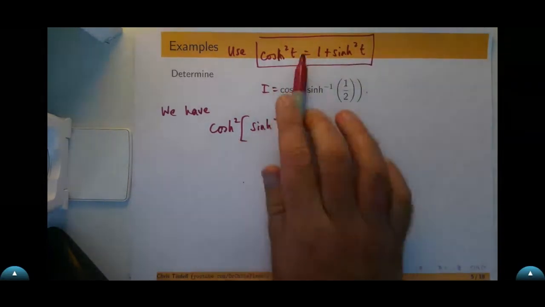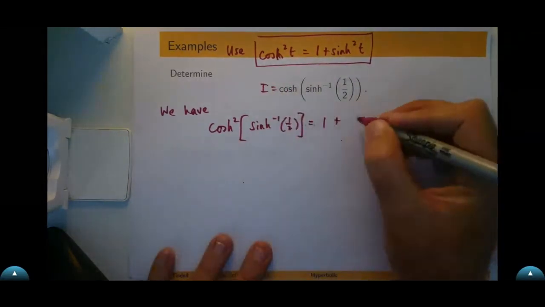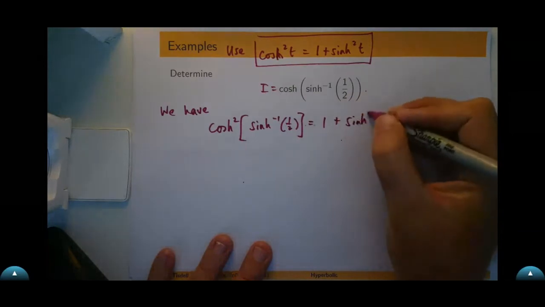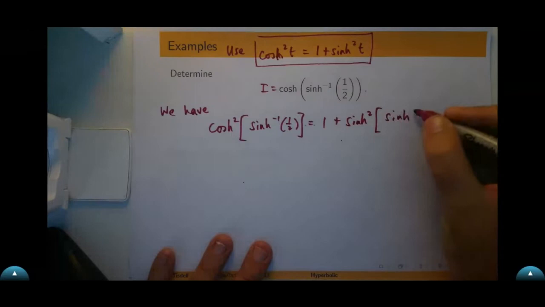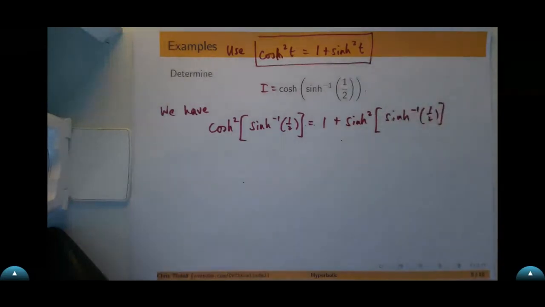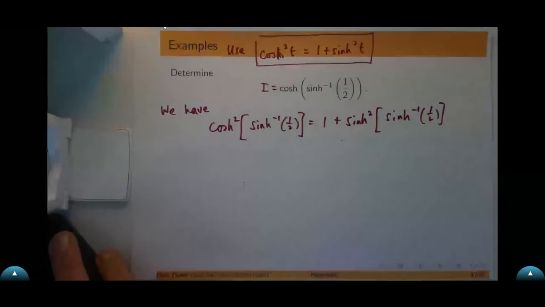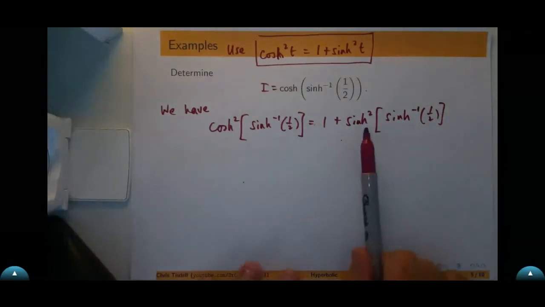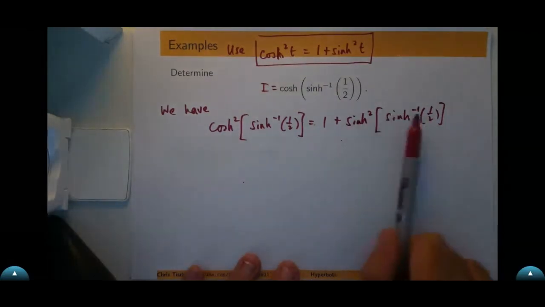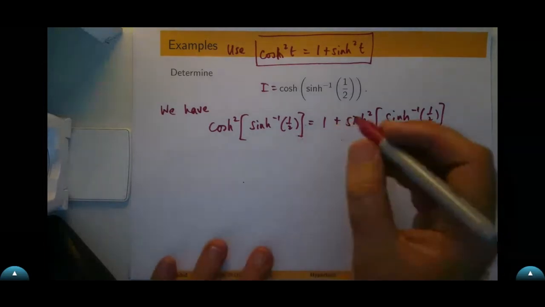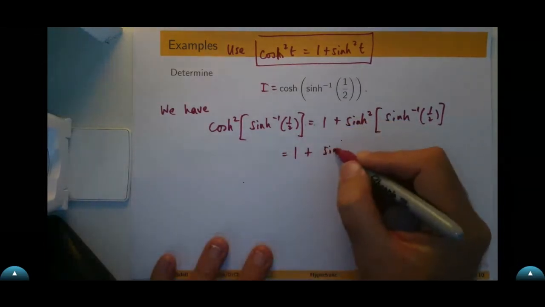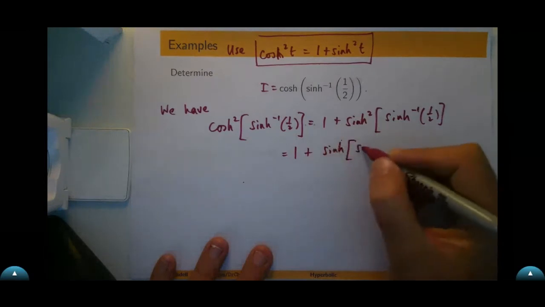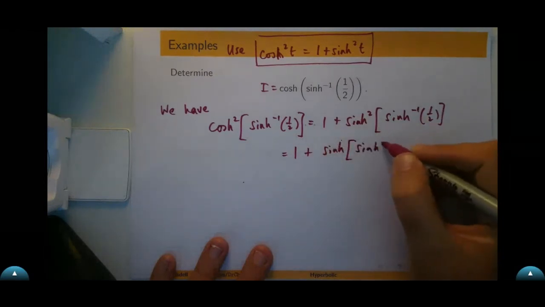Okay, so that by this equals 1 plus sinh squared of this mess. And so what I would like to do there is say, well, that's just the square of this and get the inverses together. So this is 1 plus this.